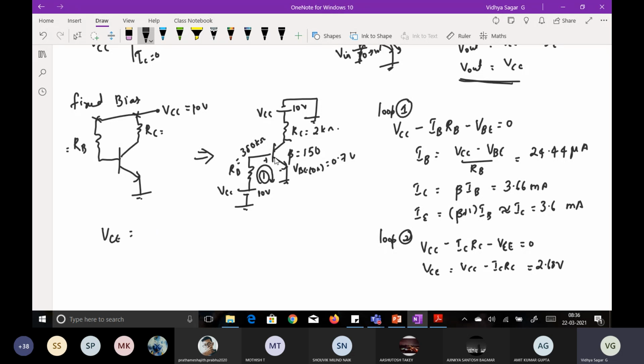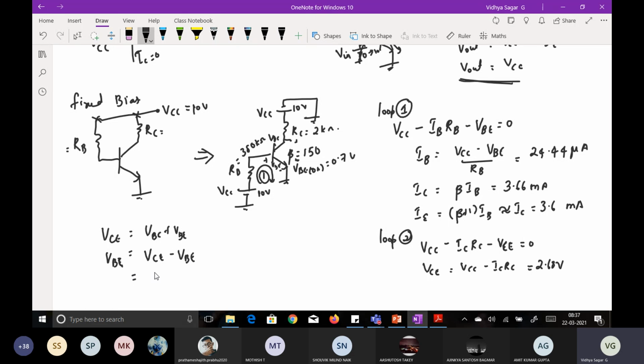from the transistor symbol, I'm just saying VCE is equal to VBC plus VBE. But VBC is nothing but junction J2. So VBC will be equal to VCE minus VBE.